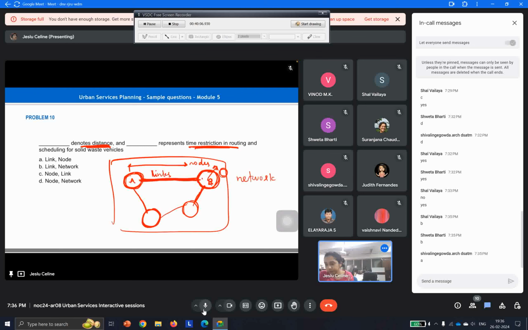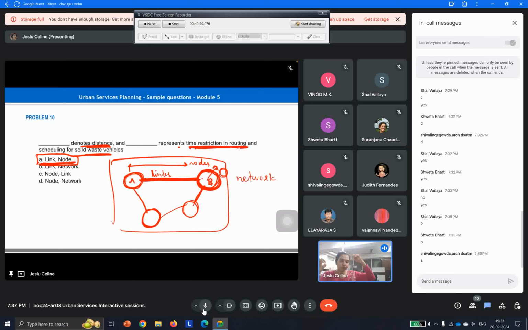So it's link and node, which somebody has answered, A. It is link. So link denotes a distance, and a node represents the restriction in routing and scheduling solid waste vehicles. So from A to B, it mainly talks about the restriction.